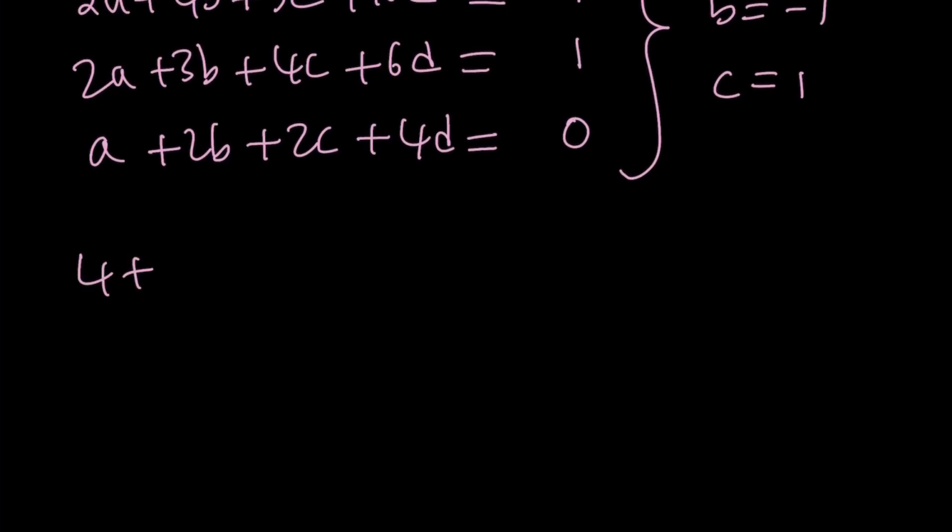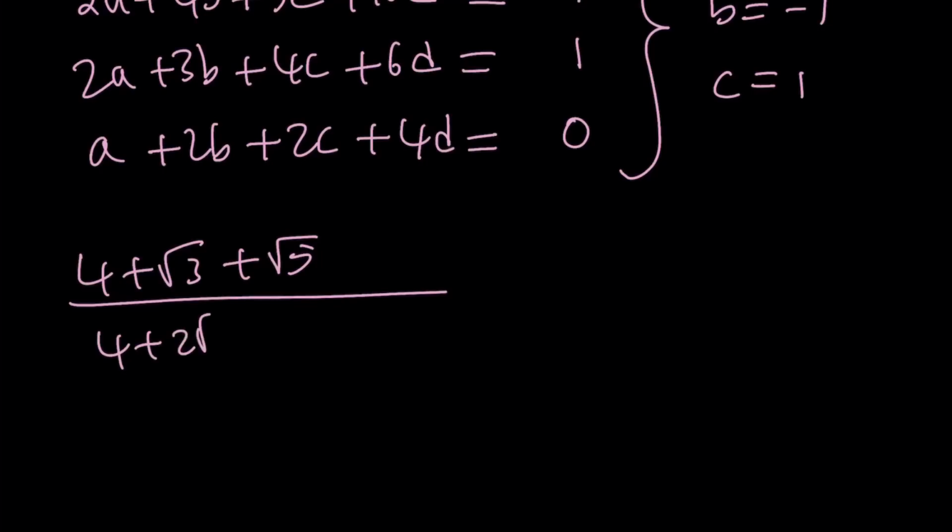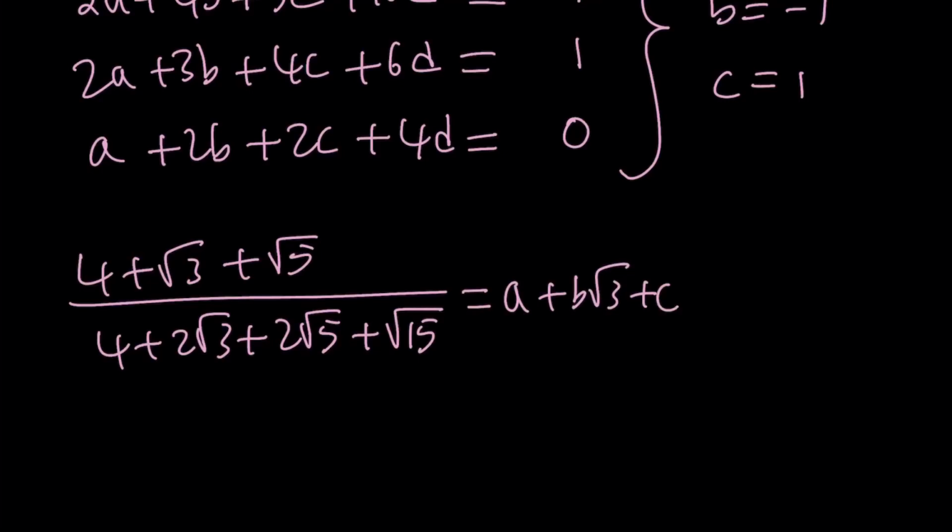Since we've found the values of a, b, c, d, now we can write our expression in a simpler way. Remember, our expression was written as a plus b root 3 plus c root 5 plus d root 15.